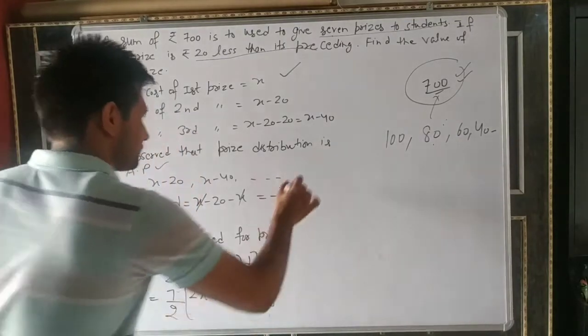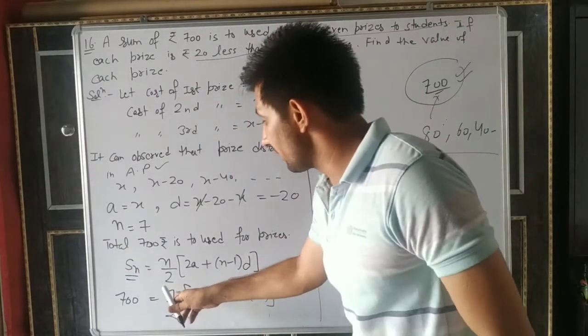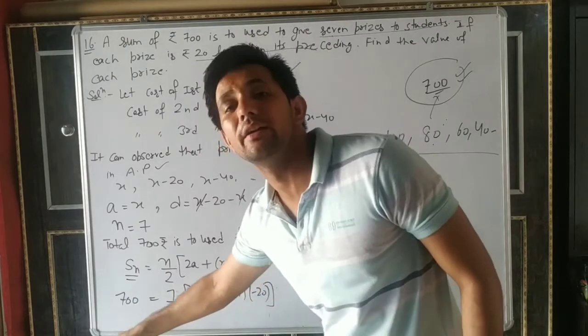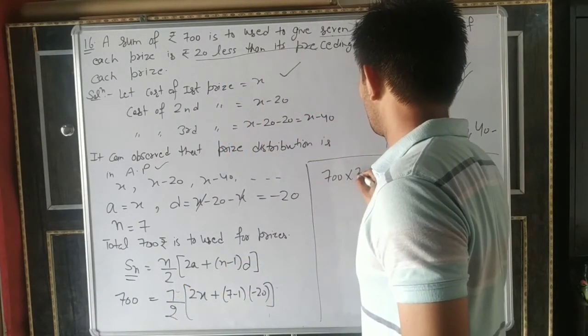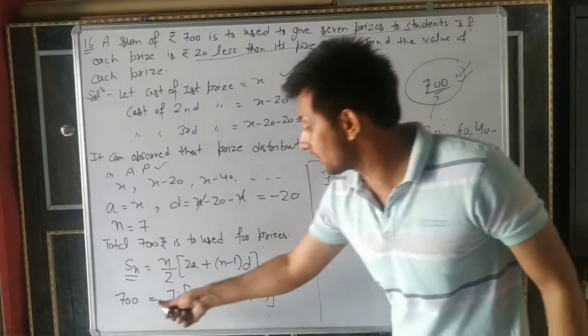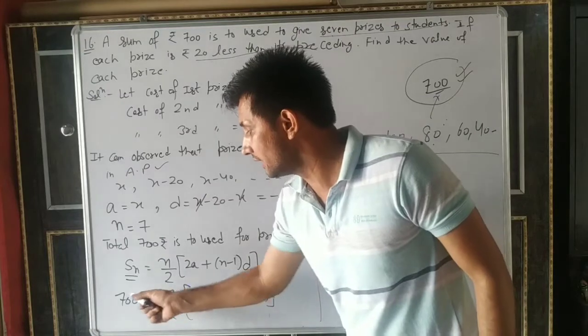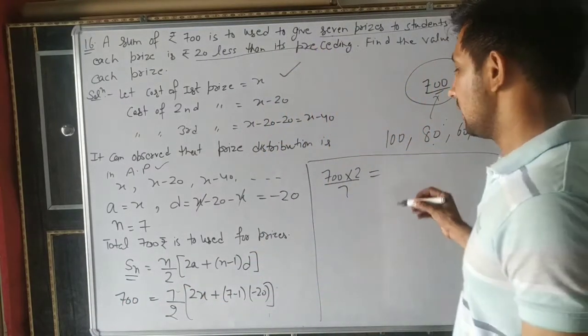Understand here? Now everyone knows 7 is in the numerator on one side and divides on the other side, so otherwise you can write 700 into 2 divided by 7. You can cut directly: 7 cuts 700, it becomes 100.